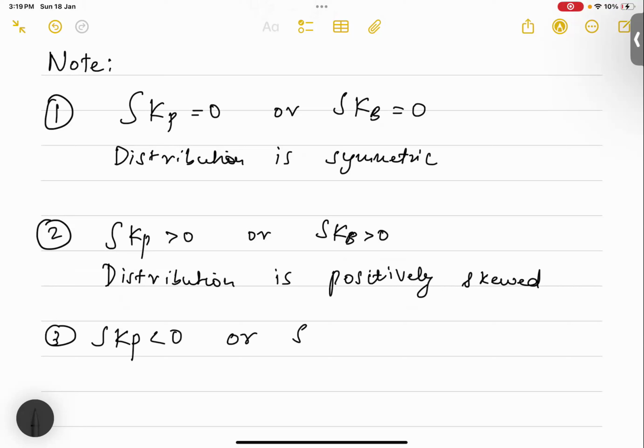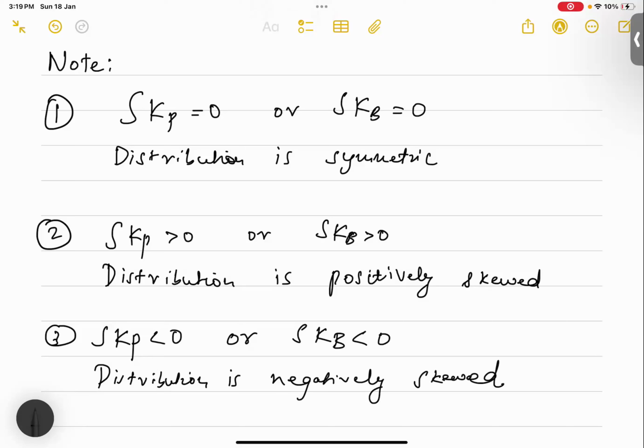SKP lesser than 0 or SKB lesser than 0. The distribution is negatively skewed.